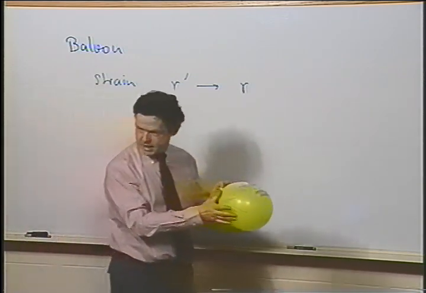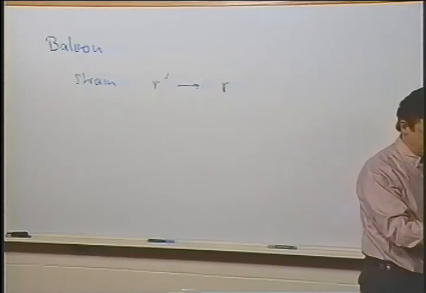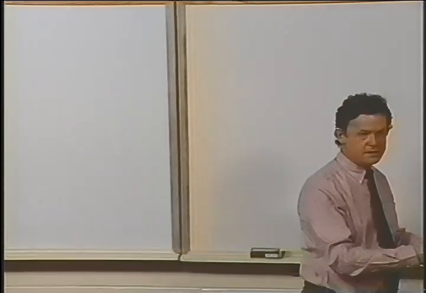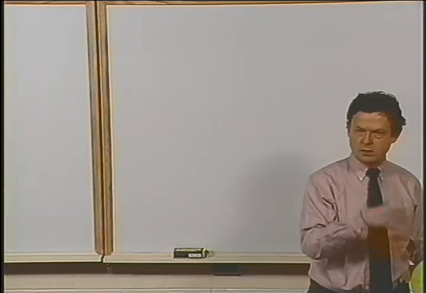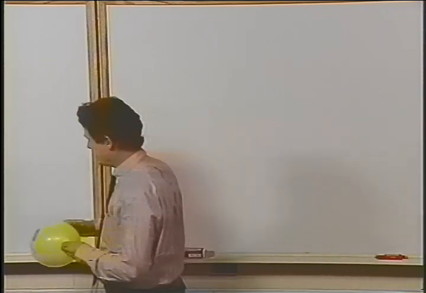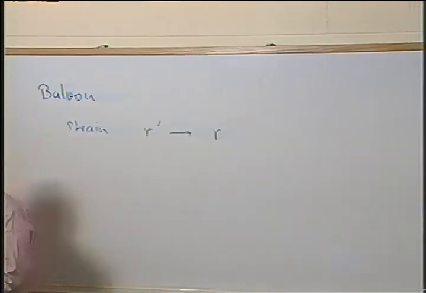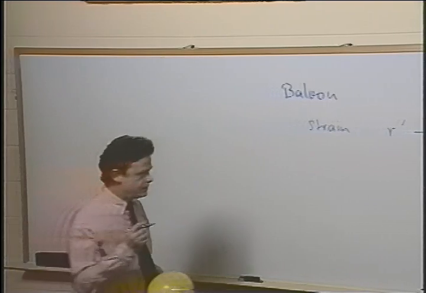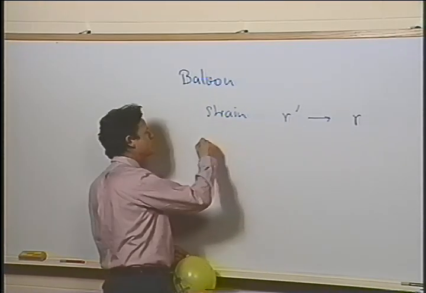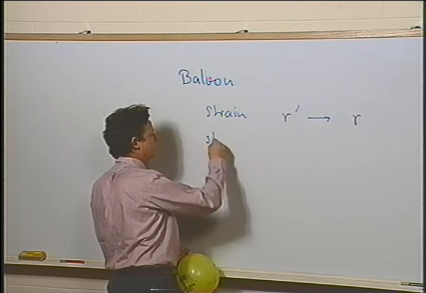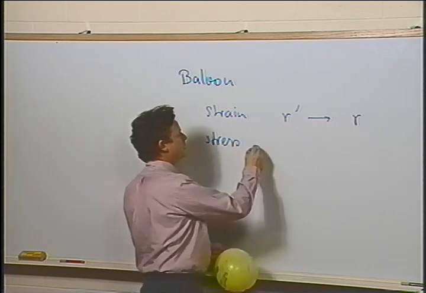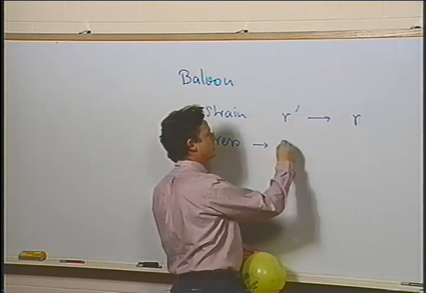But if I release the stress, or if we release the air, then it will go down. So we are following the deformation of this balloon. Now, the stress, or let's say the pressure in that balloon would be given in terms of the pressure.